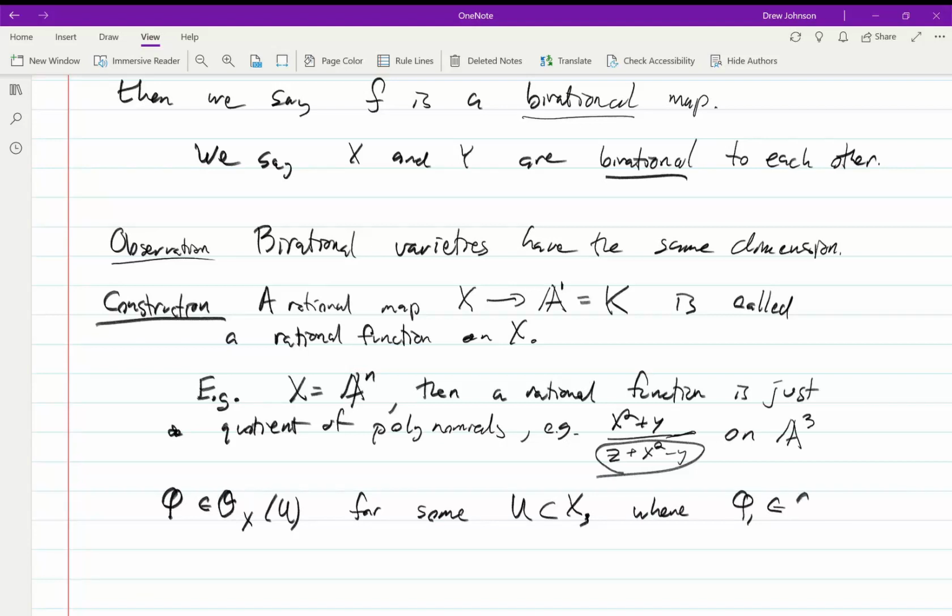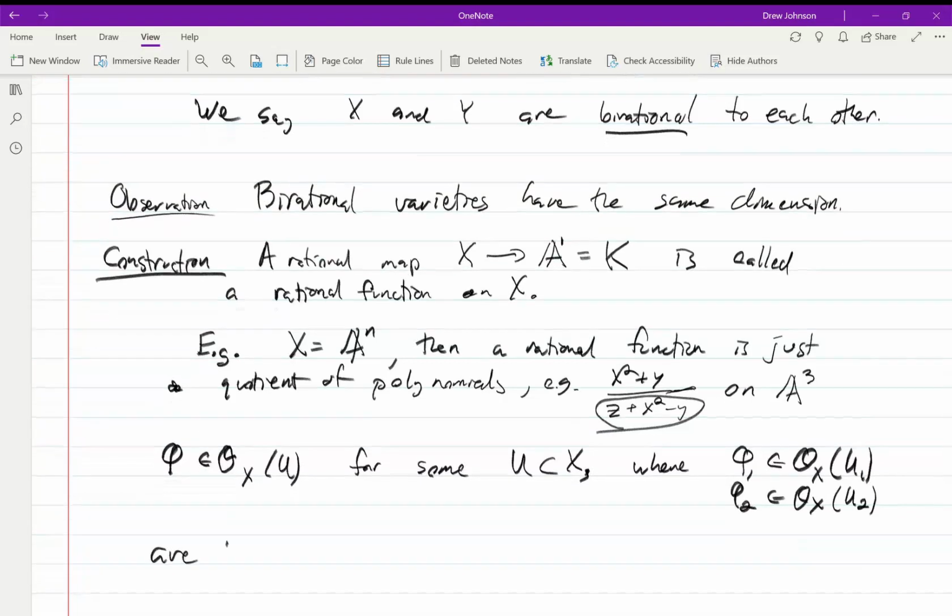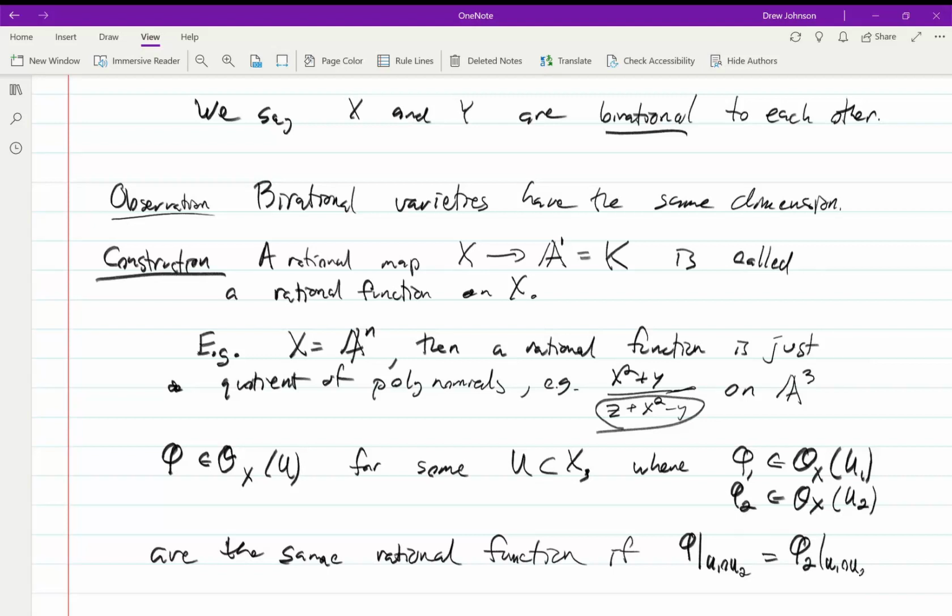So if we had phi1 in O_X of U1 and phi2 in O_X of U2, I should consider these to be the same rational function if phi1 restricted to U1 intersect U2 is equal to phi2 restricted to U1 intersect U2. So if they agree on the overlap, then they should be considered the same rational function.